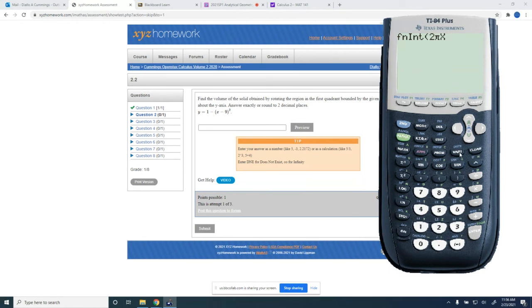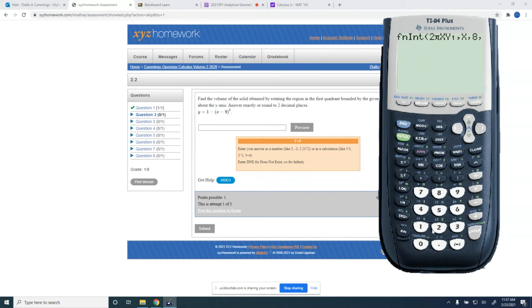And since I have the function stored as y1 on the calculator, I'm going to recall that function by pressing variables. I'm going to scroll over to y variables. We want the function y sub 1, comma, the variable of integration is x.